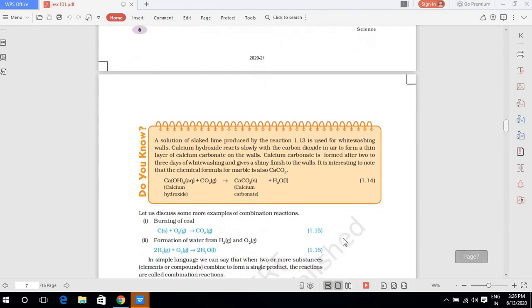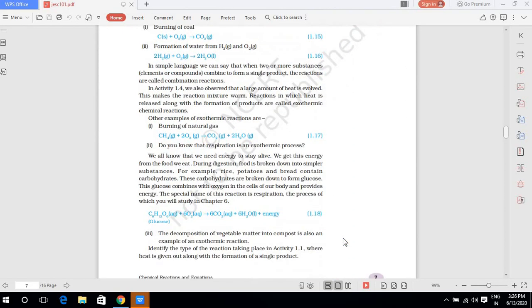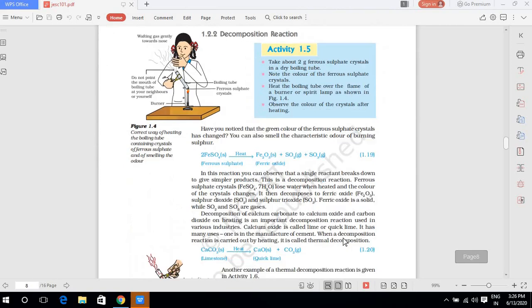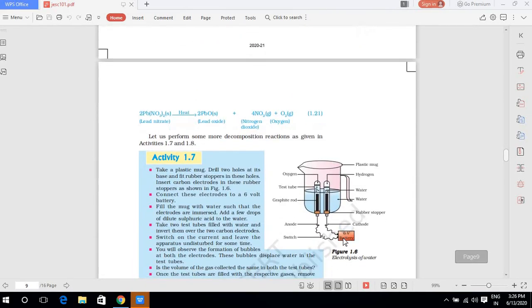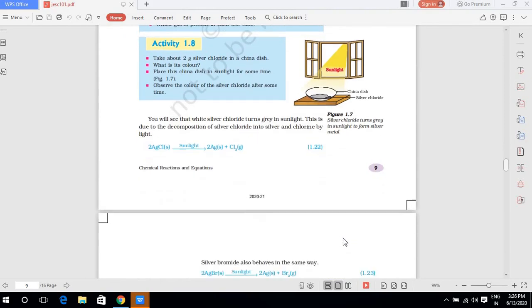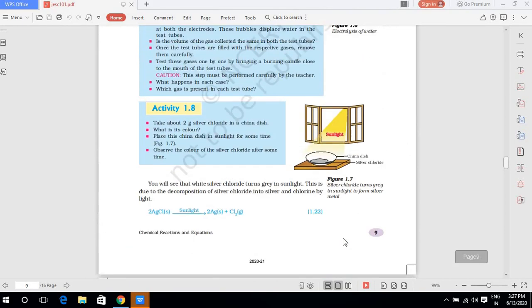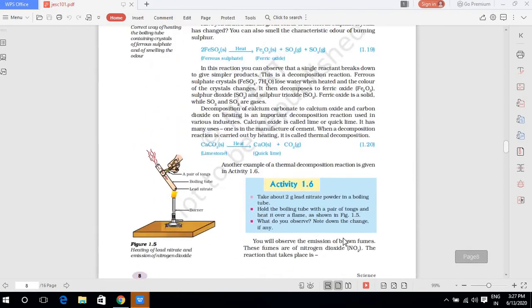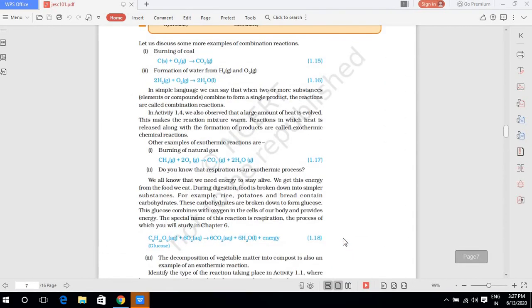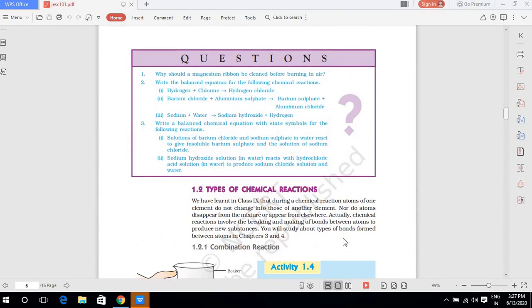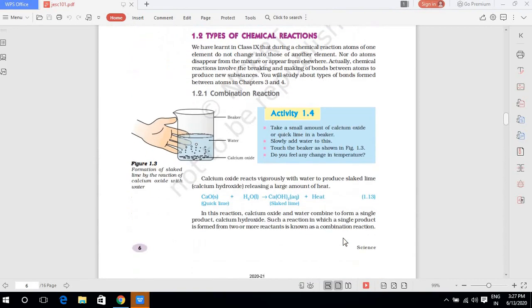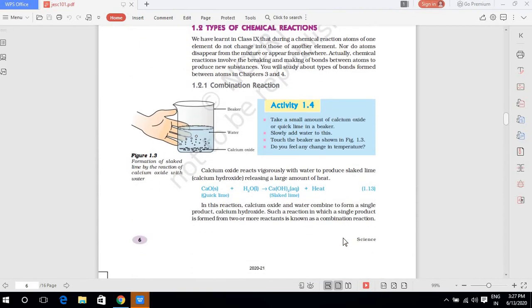Now the next type of chemical reaction. Even redox reactions are there, but we will go hand in hand. The first one we have learned about is the combination reaction. These are all examples of combination reaction.